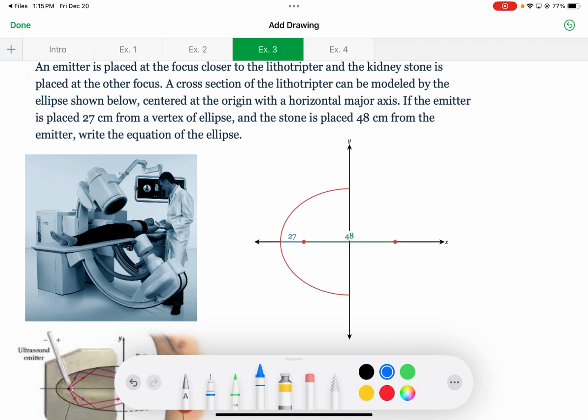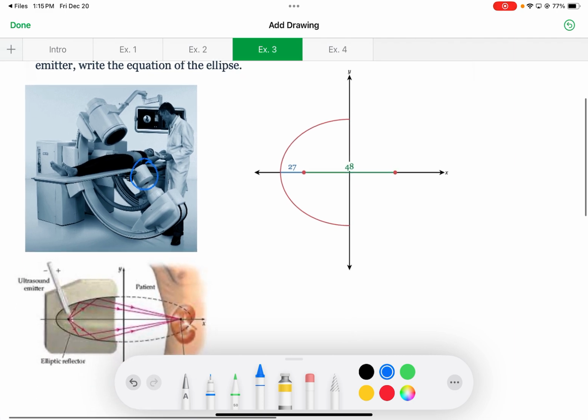And then down here in this section would be where the ellipsoid is positioned. So if we zoom in and get an internal perspective of that, this is what it would look like. Half of an ellipsoid, and you place the emitter at one of the focus points of the associated ellipse.